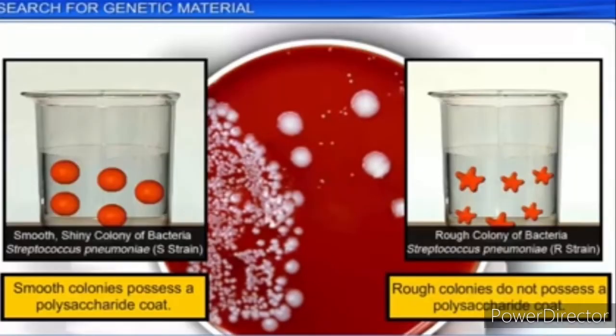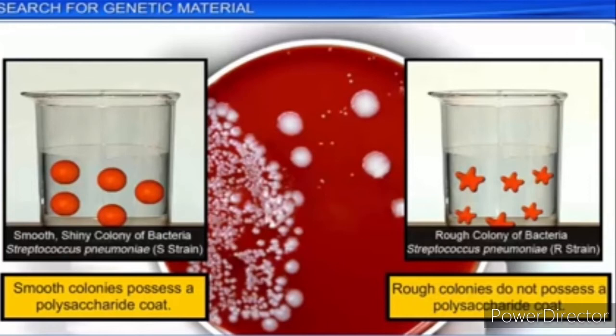During the course of the experiment, a living organism had changed in physical form. When Streptococcus pneumoniae bacteria are cultured in a culture plate, some produce smooth shiny colonies, or S bacteria, and they contain a polysaccharide mucus coat, so they are the capsulated bacteria and they are virulent. Some of them are R bacteria, rough colonies.